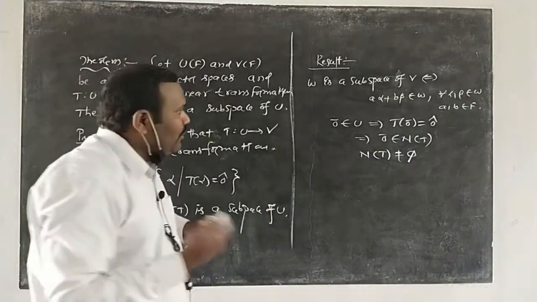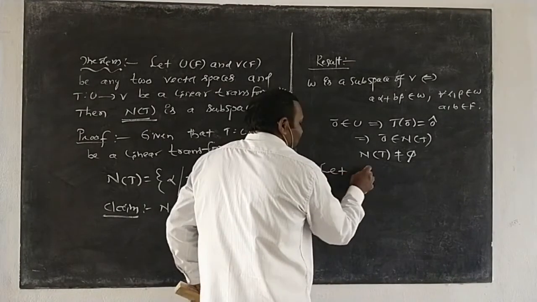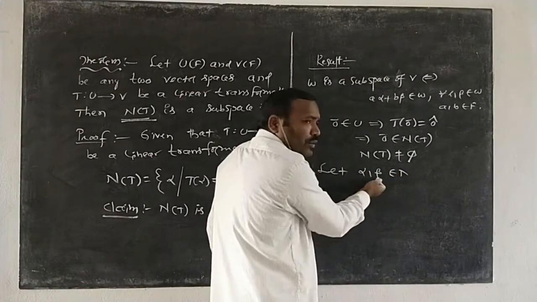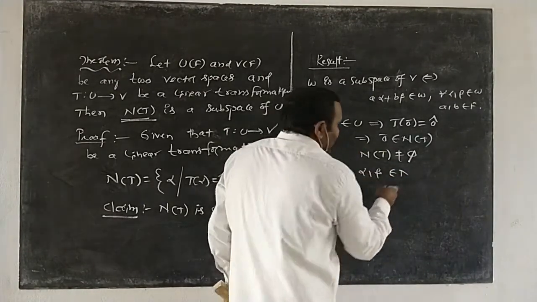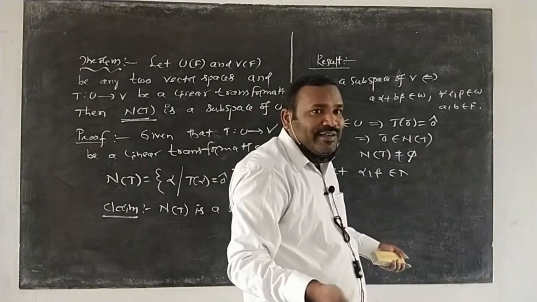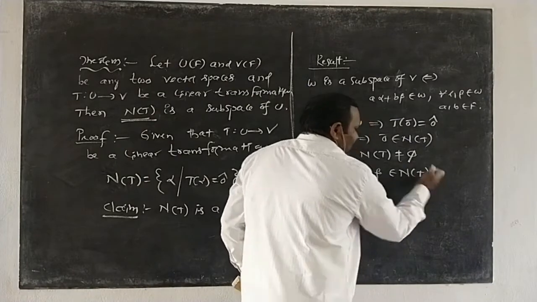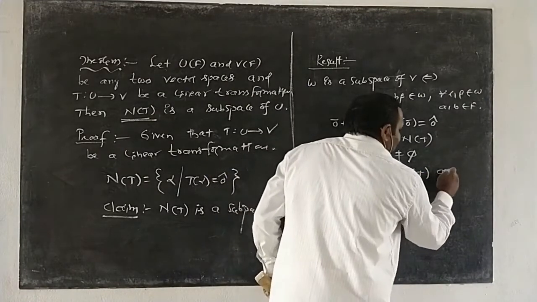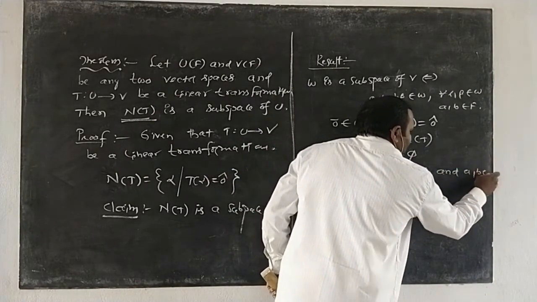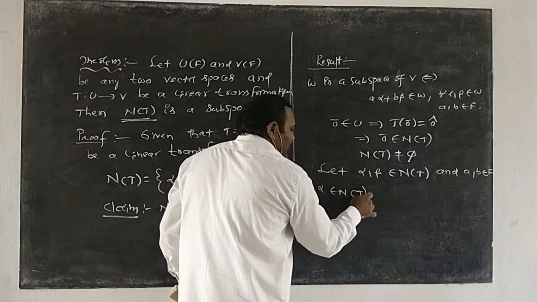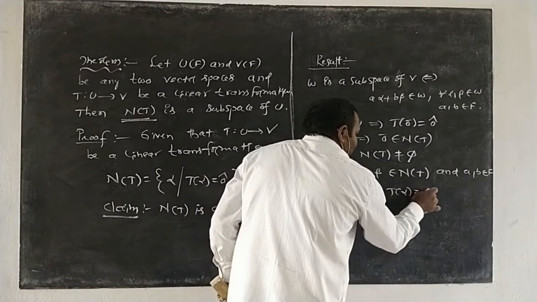Now you take two vectors in N of t, because it is a non-empty set. If it is empty, how can you take a vector in N of t? So alpha, beta belong to N of t, and A, B belong to F. Alpha belongs to N of t implies T of alpha equals 0 cap.